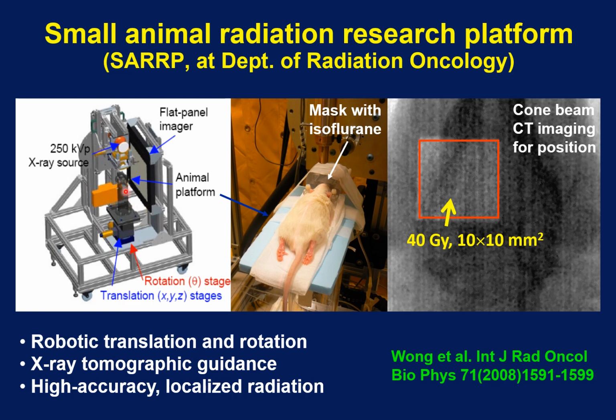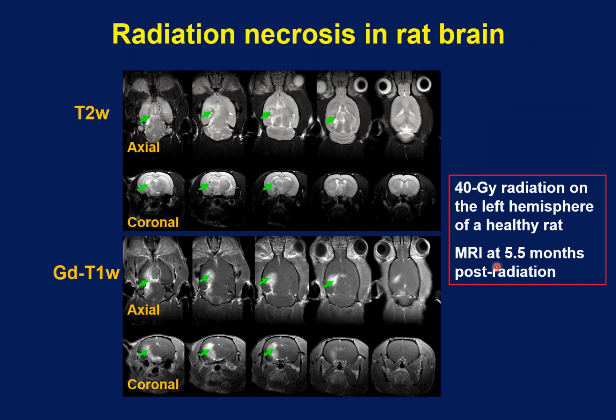The animal is put here, and then we radiate the brain in a 10 by 10 square area. The animal is monitored monthly, and then at 5 to 6 months, you can see T2 hyperintensity.